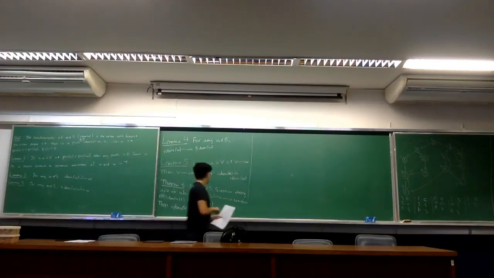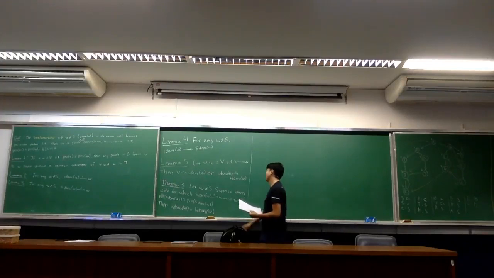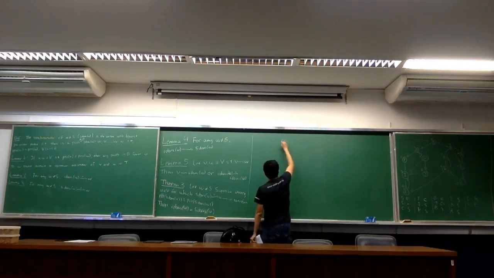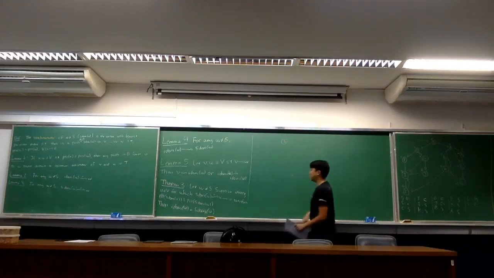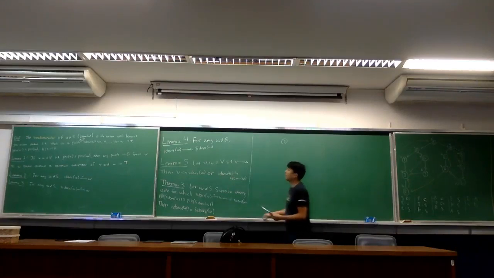Okay, so what is this theorem telling us? Consider the path from S to W. So, we know that the sdom of W is an ancestor of W on the tree path from the root to W. Right? This is lemma 3. So eventually, on the tree path from S to W, we'll come across this guy.